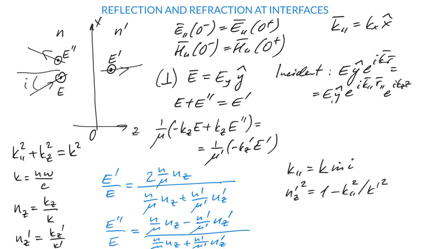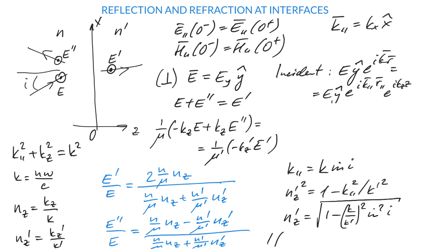I just divided that equation by k prime squared. Now, if I substitute k parallel from just the line above, I'll have nz prime equals square root 1 minus k over k prime squared sine squared I.